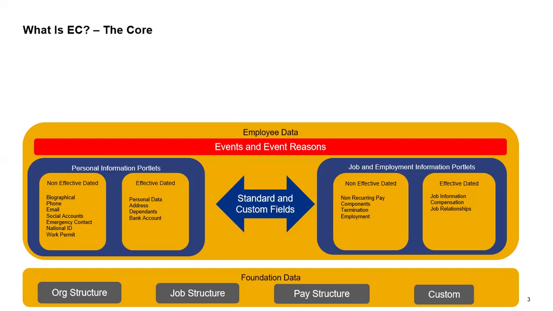In the job information, we will record his direct reporting manager, his business unit, his cost center, and all information regarding the terms of the position, which we capture in the job portlet. So this is the employee data, which holds everything about the employee after joining the organization.